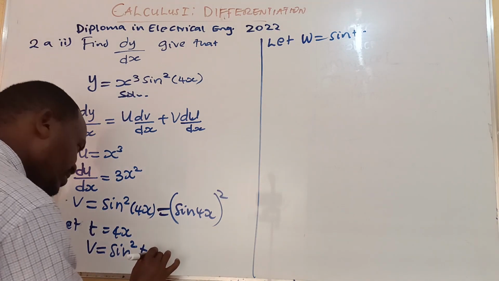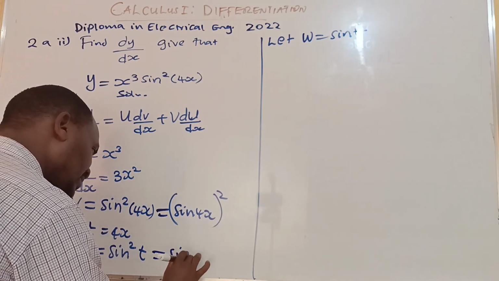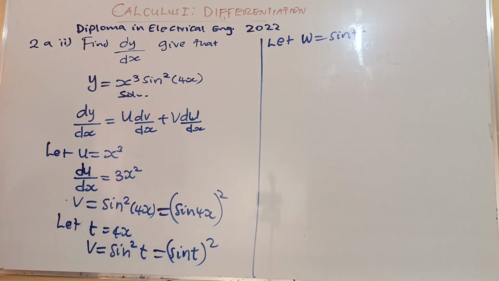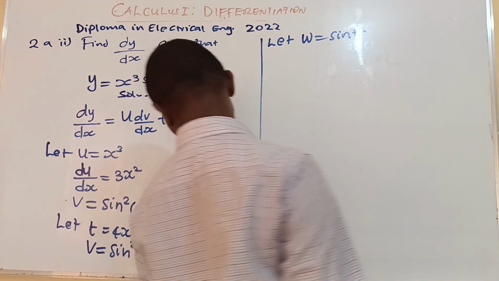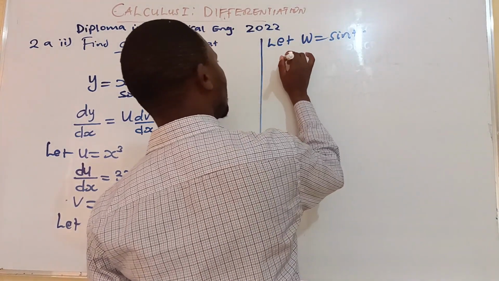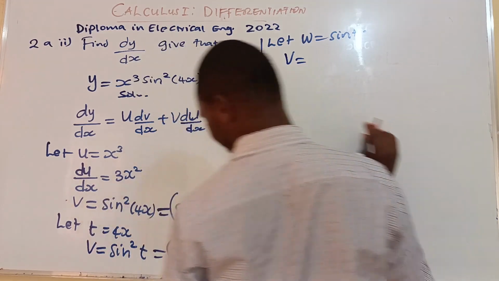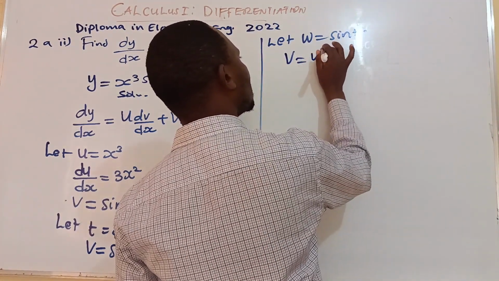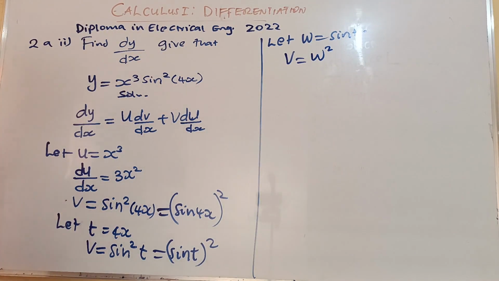You can also say it is sine t, squared. So if we let w be equal to sine t, that means v will be equal to w squared.